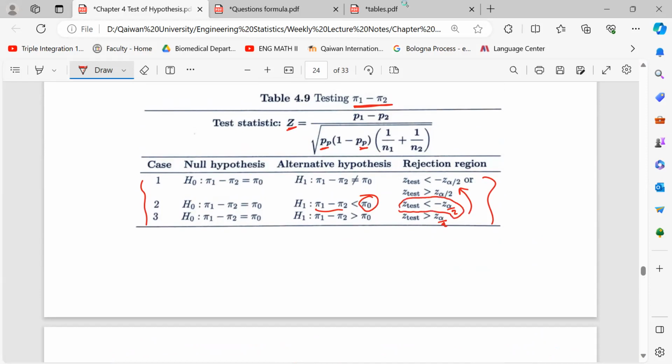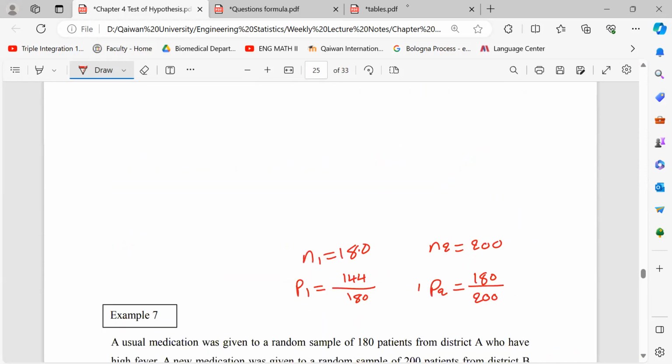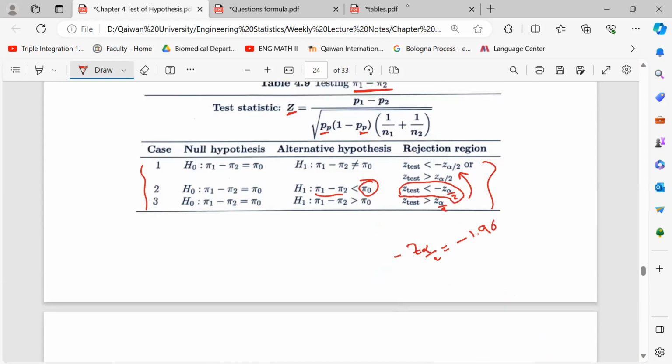We found minus Z of alpha over 2 is minus 1.96, is it? Yes. In step 4, we reject if Z test is less than minus Z of alpha over 2, which is minus 1.96.